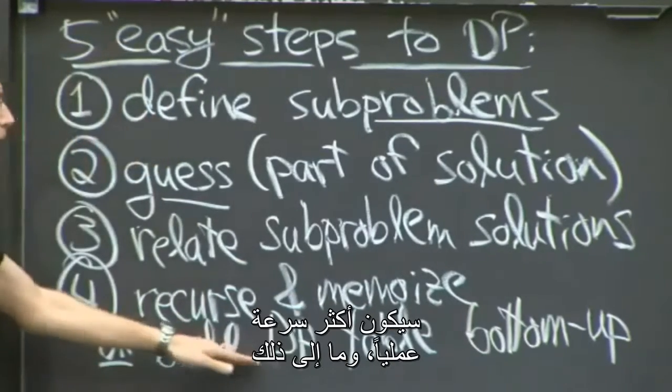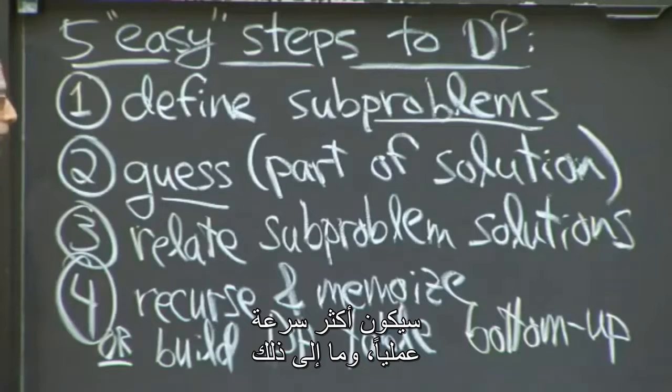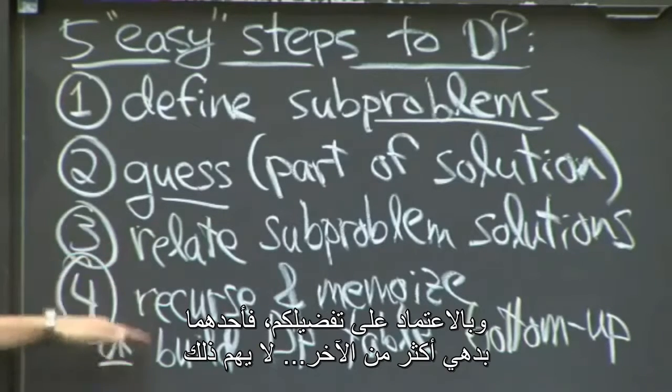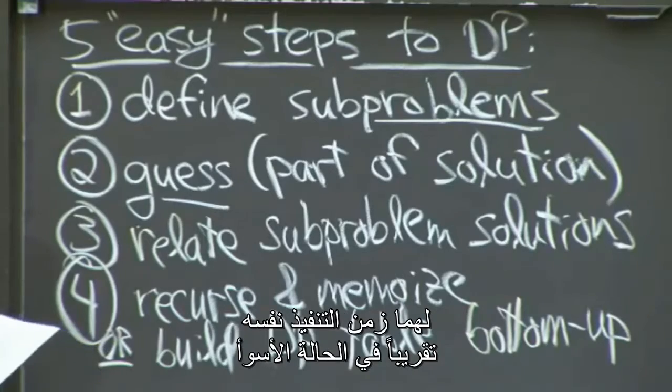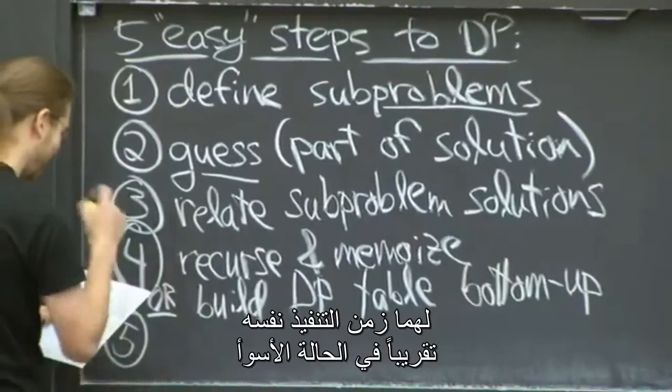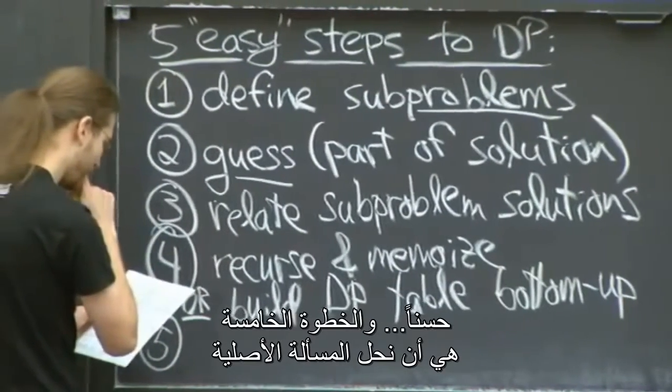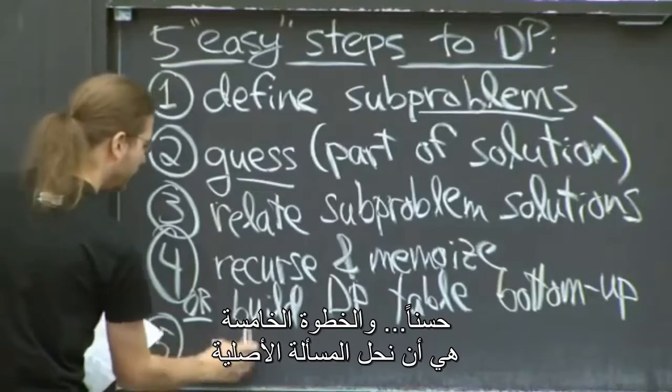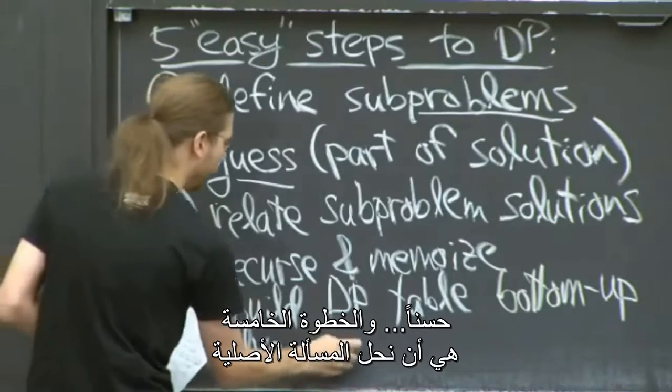And this is going to be more practical, faster, and so on. And depending on your preference, one of them is more intuitive than the other. But it doesn't matter. They have the same running time, more or less, in the worst case. Then the 5th step is to solve the original problem.